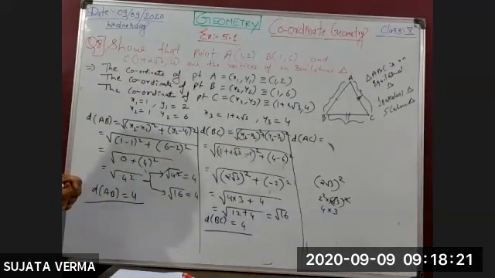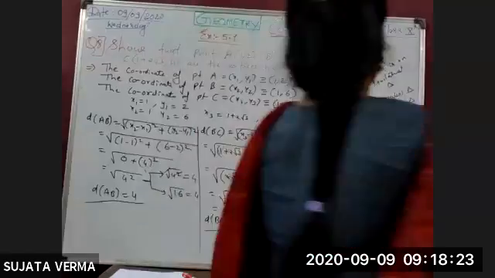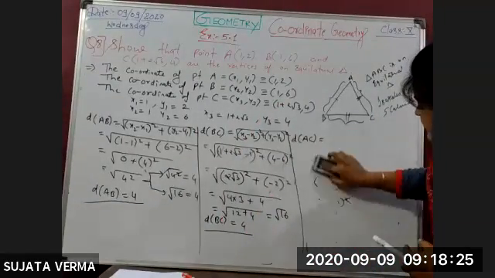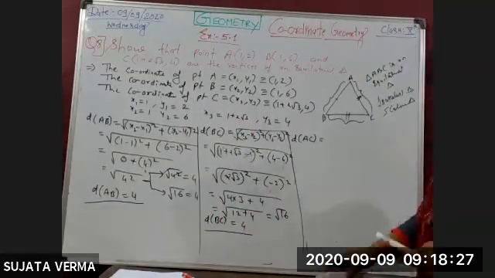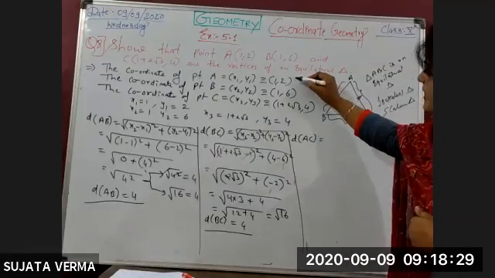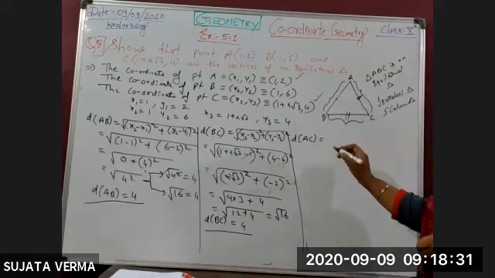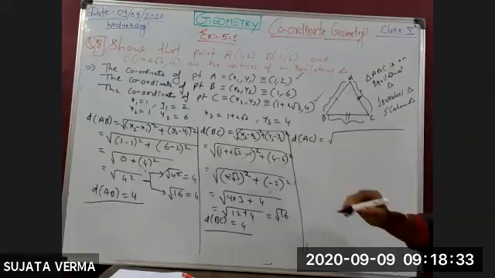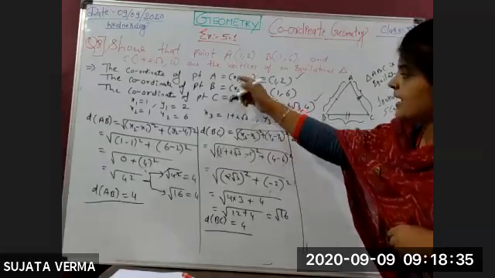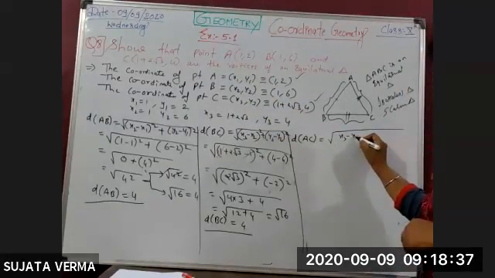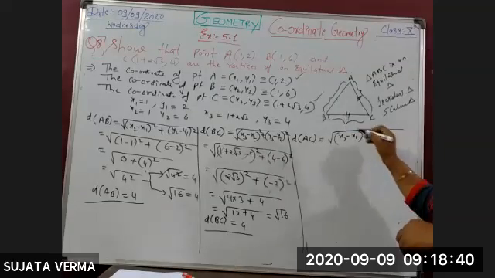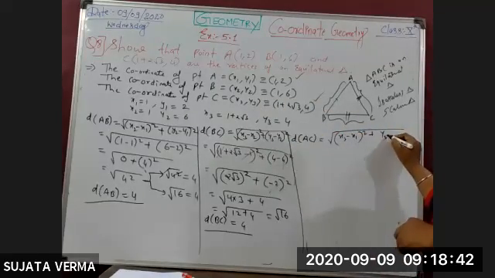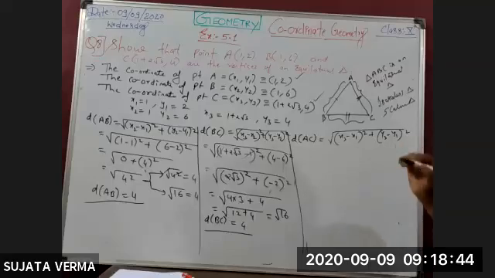Clear? Finally, we find the third side, that is the distance of AC. At that time, we take the coordinates of A and C. First, we write the distance formula: square root of (x3 minus x1) square plus (y3 minus y1) square.